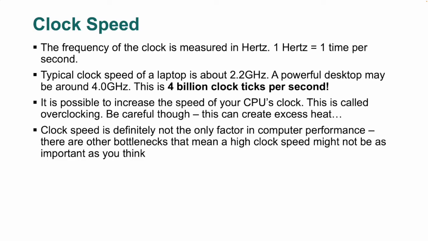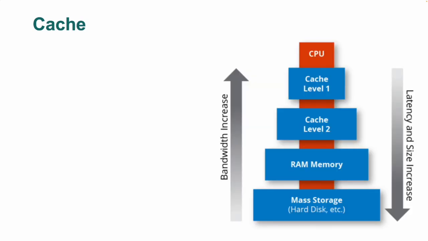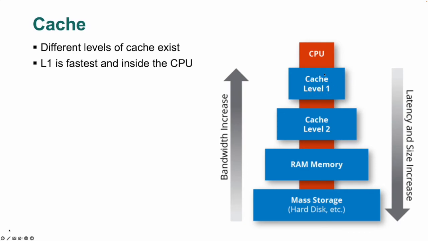Also, clock speed is not necessarily as important as you might think. It's definitely not the only factor in computer performance. There's a lot of other bottlenecks that mean high clock speed might not be quite the huge factor you think it is. Okay, the next thing is cache. So cache kind of has different levels. Basically, the idea is level 1 is the closest. It's inside the CPU.